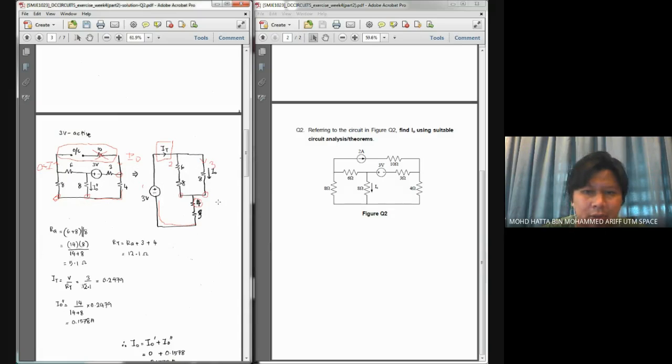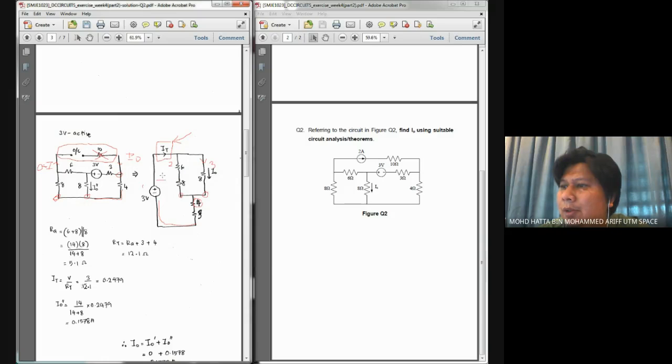I don't need to use node or mesh analysis, because I just use the simple current divider rule. But first I need to calculate my I total. To calculate I total, I need to find R total, looking from the source.